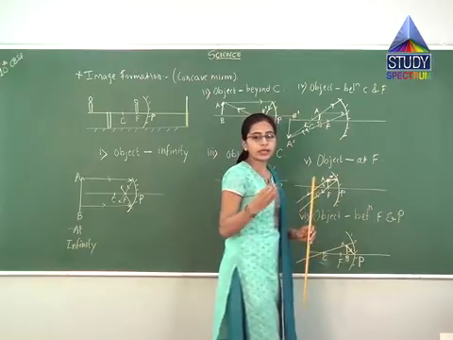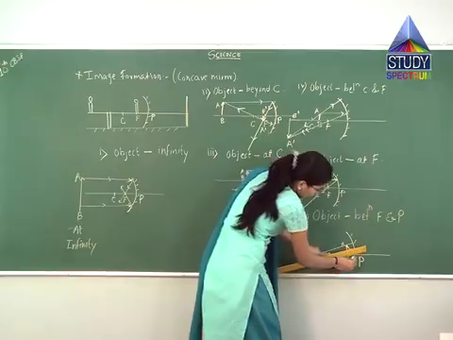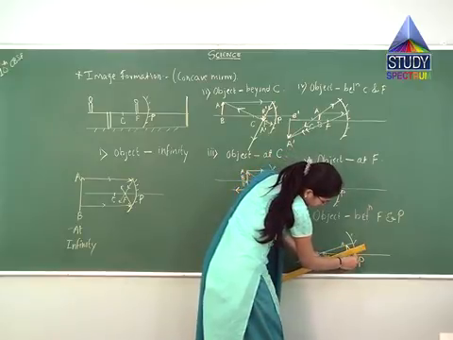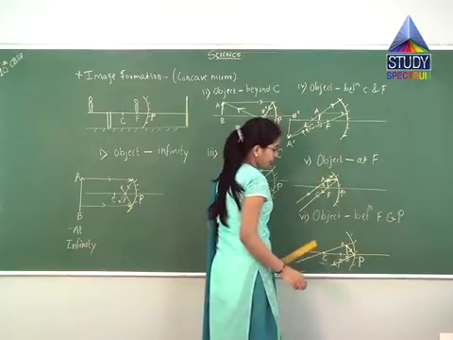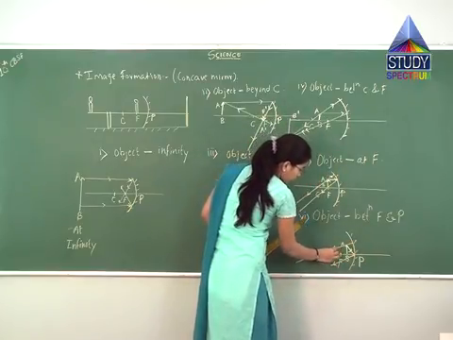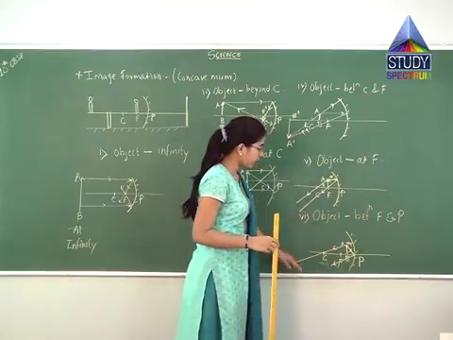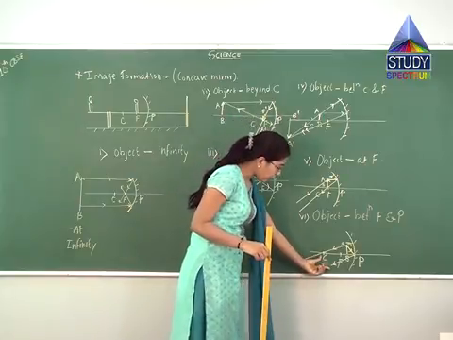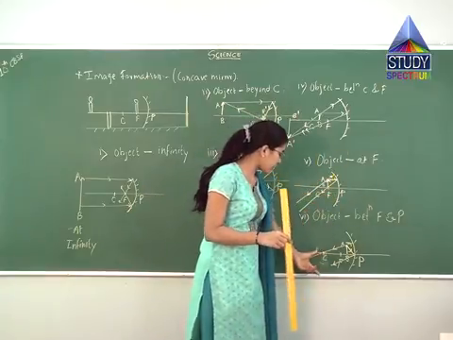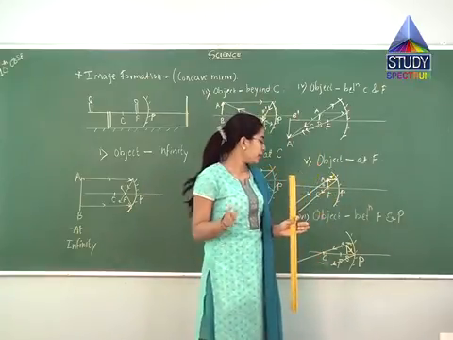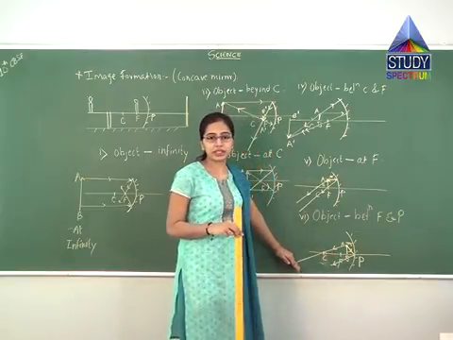So one ray which is incident at pole P will be reflected like this, that we had studied in the fourth case, and one ray which is incident through the center of curvature will get reflected back. Now you can see these two rays are going apart, means reflected rays are going apart from each other, means we will not get our image on the same side of the incident rays.